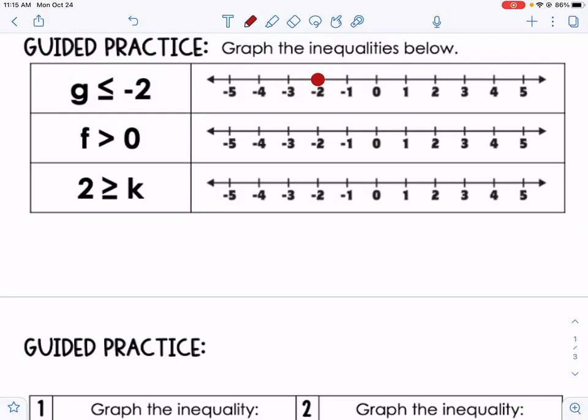Are the numbers on the left less than or equal to negative 2, or are the numbers on the right? Denise says left. Riesland, what do you say to that? Jada, why is it to the left? The numbers to the left are going to be smaller, right? So we are going to shade to the left.